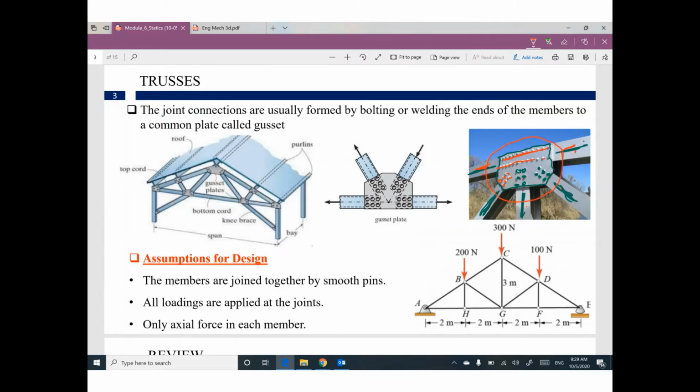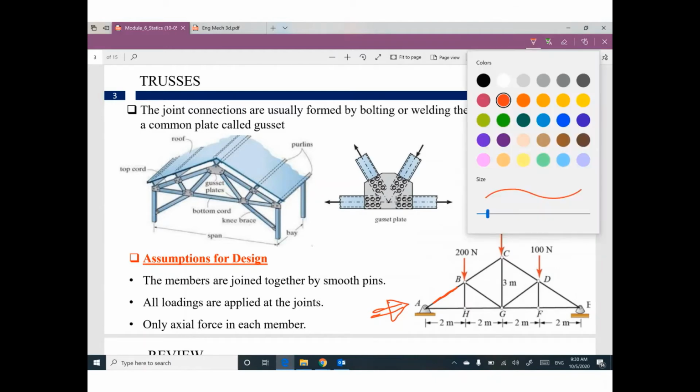So in real life, your member is a real member, looking like an I-beam or channels or angles, steel. I'm talking about steel members. But in our course, we idealize this real structure to something that looks like this. Can you watch? This member in real life looks like this, but in our course, we will consider it as a line.